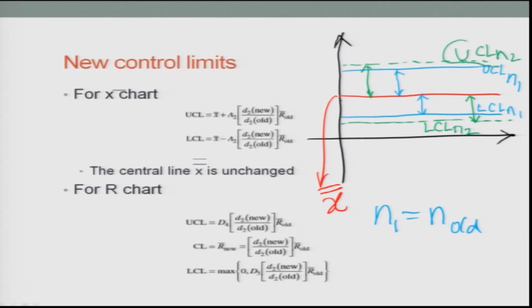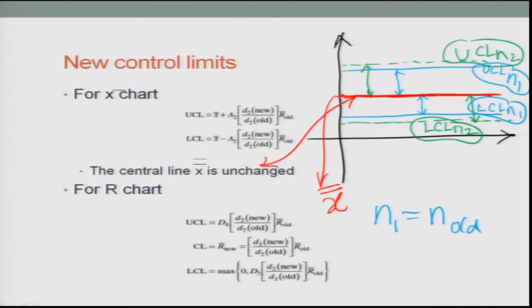This would go along with this, and this would go along with this. But the important fact remains: the central line which you have is this one, and it remains the same, as mentioned here.